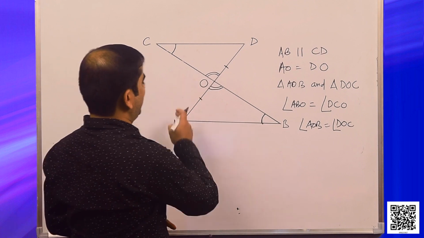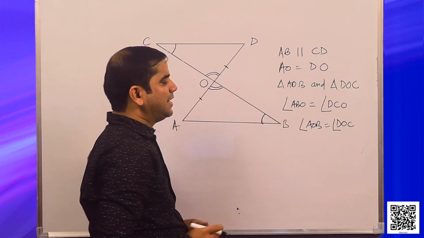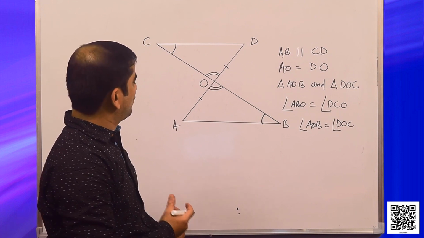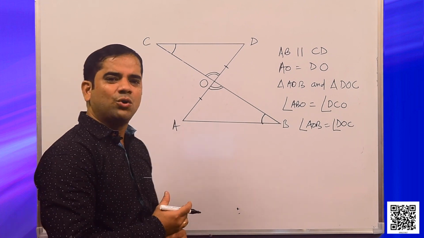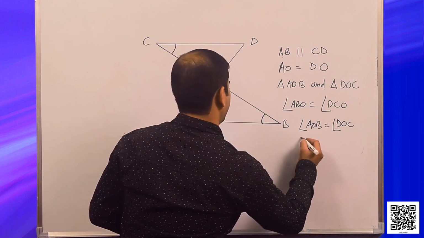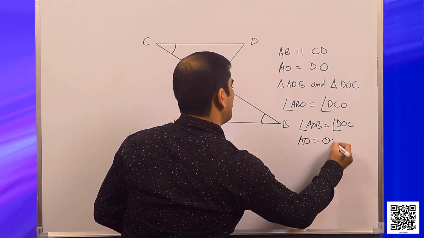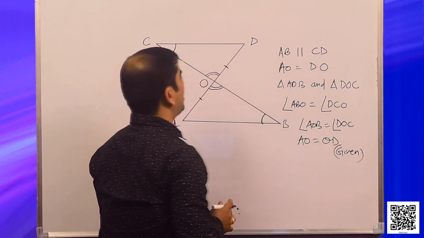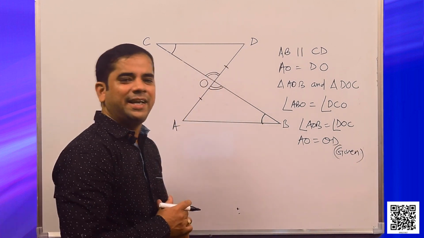That means angle AOB is equal to angle DOC. What else data do we have? We have AO is equal to OD, that is our given data, as O is the midpoint of AD.